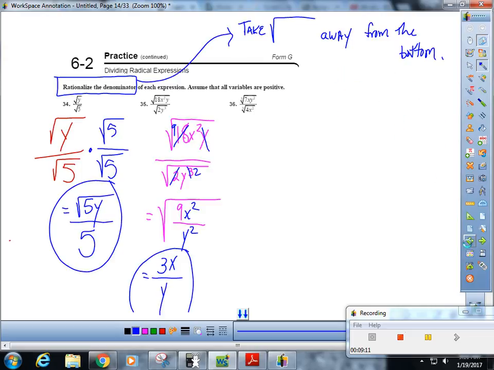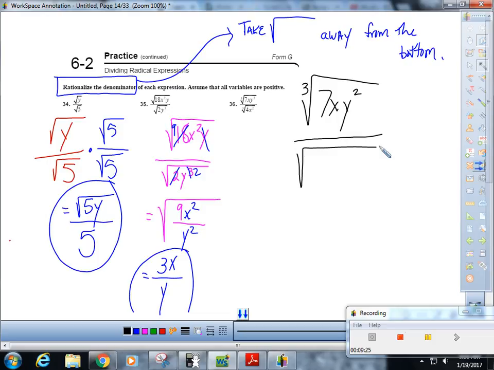All right, number 36. This is going to be more difficult because it's cube root. Cube root of 7x y squared over cube root of 4 x squared. Wow. Okay. So, we got some cancellation going on.